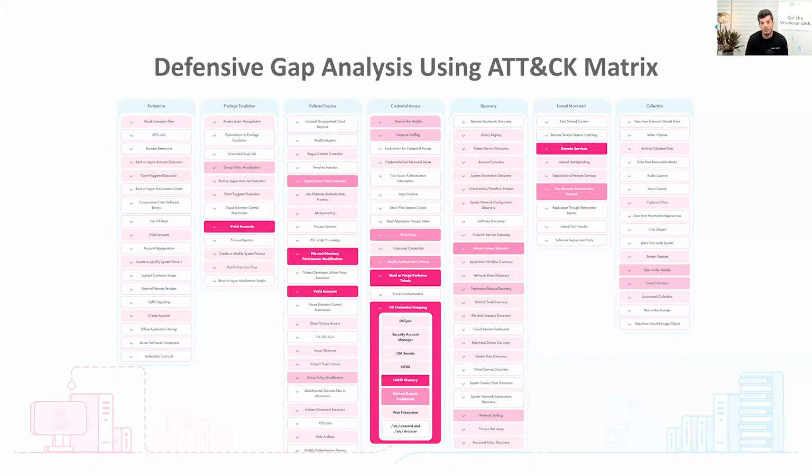So if you already built a heat map that shows your detection capabilities, this heat map could look very different. And I suggest using it as a complement for the techniques where you feel that you don't have enough detection controls. If you don't have any yet and you want to start from square zero, I feel it's better to start with this heat map.